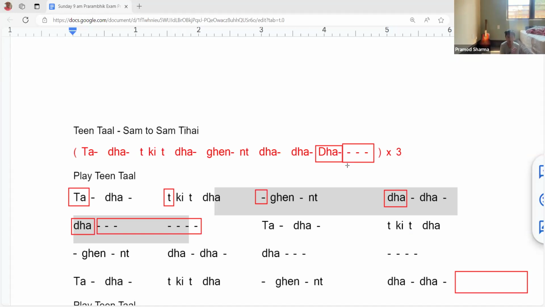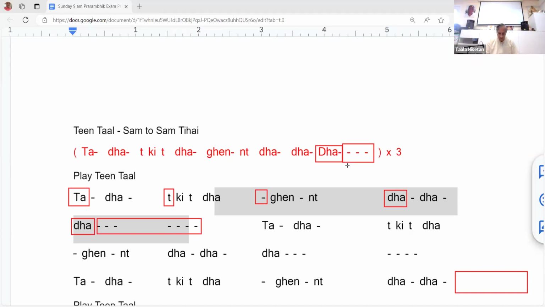Dha a ta ki ta dha ge in ta dha a 1 2 3 1 2 3 4 dha a ta ki ta dha ge in ta dha a 1 2 3 1 2 3 4 dha a ta ki ta dha ge in ta dha a. Again, one more time.